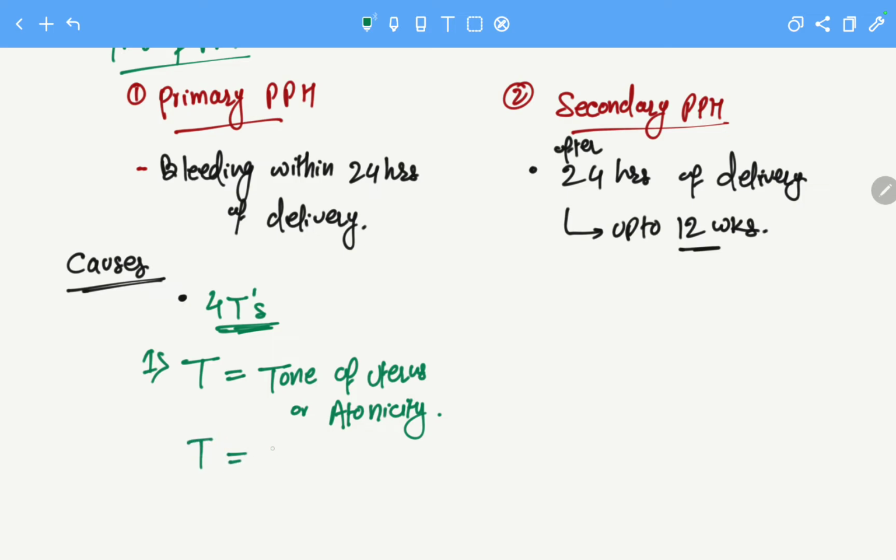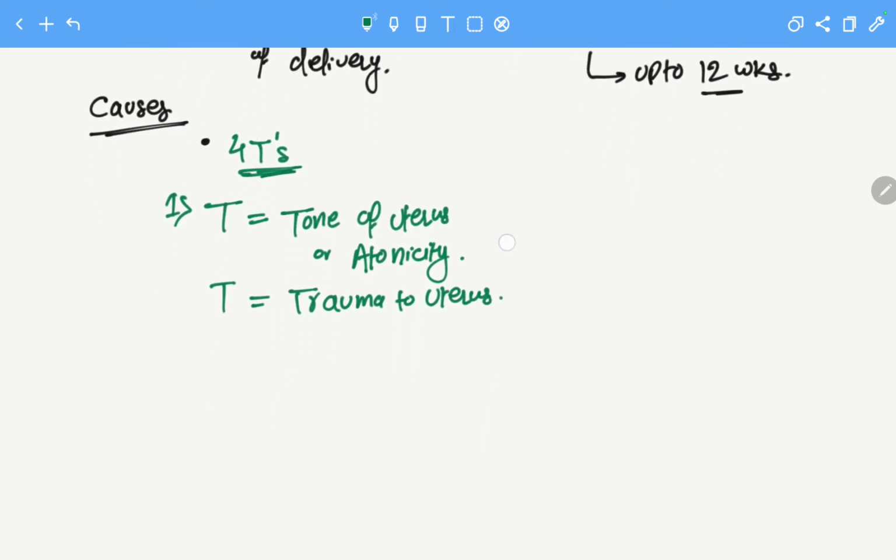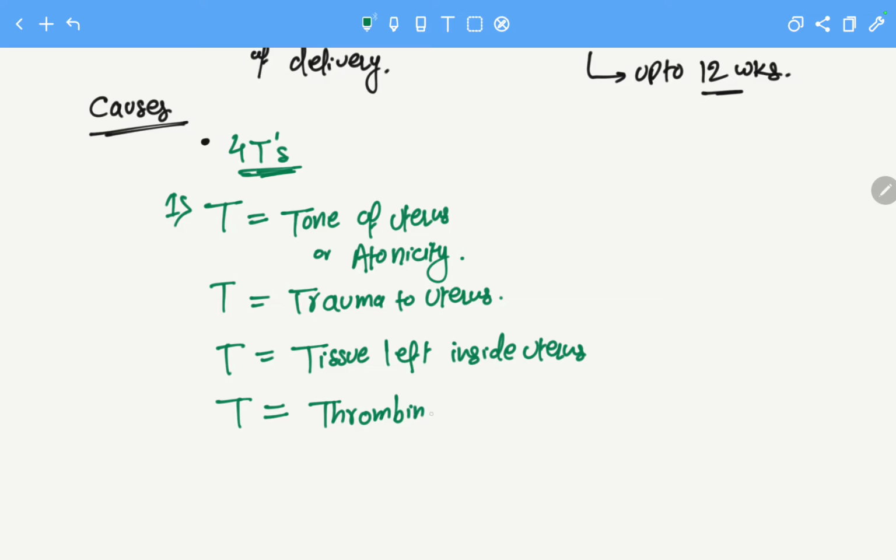The second T is if there is any trauma to the uterus, that can lead to PPH. The third T stands for any tissue left inside the uterus, that can also lead to PPH, right? The fourth T stands for thrombin deficiency.